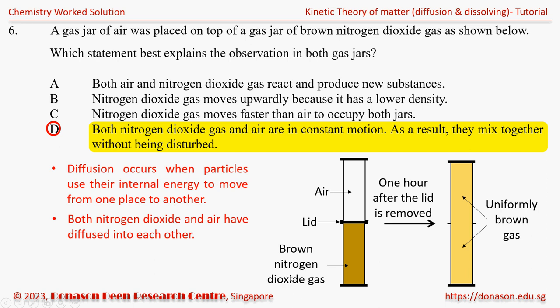Whereas nitrogen dioxide gas has a relative molecular mass of around 46. So air is of course less dense compared to nitrogen dioxide gas. So nitrogen dioxide gas moving upwards because it has a lower density is definitely not possible. So therefore option D is the correct answer.